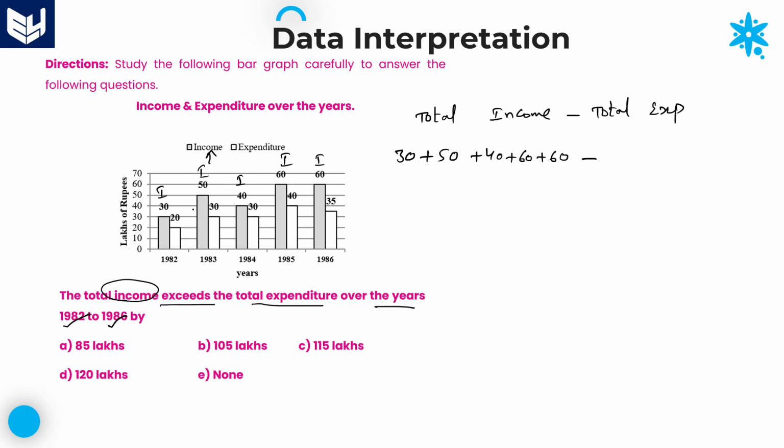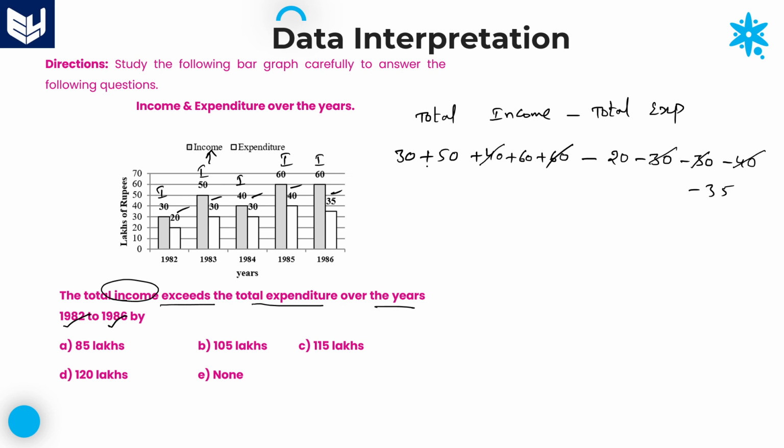Minus total expenditure, the second values: 20, 30, 30, 40, 35. Minus 20, minus 30, minus 30, minus 40, minus 35. Now if you observe carefully, minus 40 plus 40, both are cancelled. Minus 30, 60 plus 60 cancel.